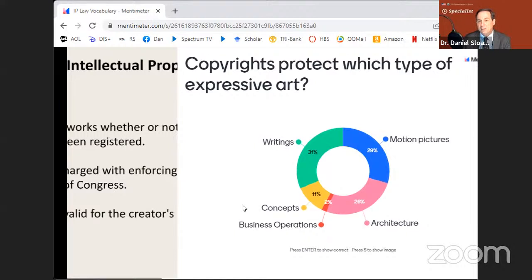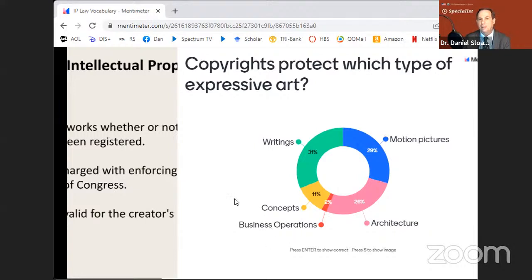So if the concept, idea, or theory is not actually produced, even if it's unpublished, it cannot be covered under copyright law. And the same thing with a business operation, it doesn't fit into expressive art. So the two that do not belong are the concepts and business operations.